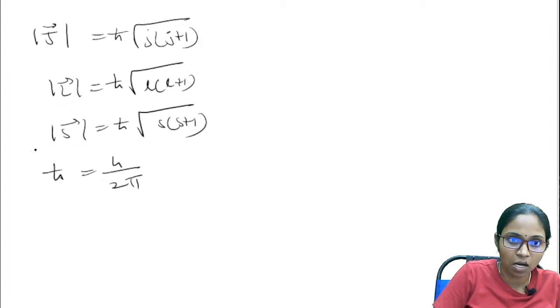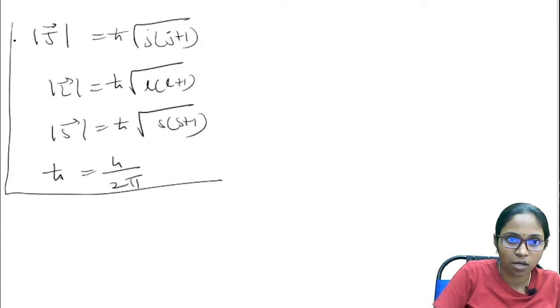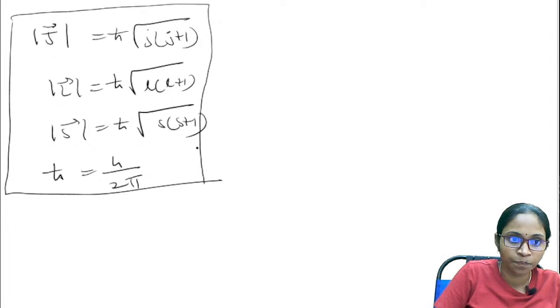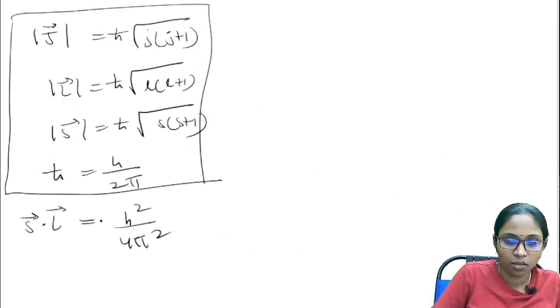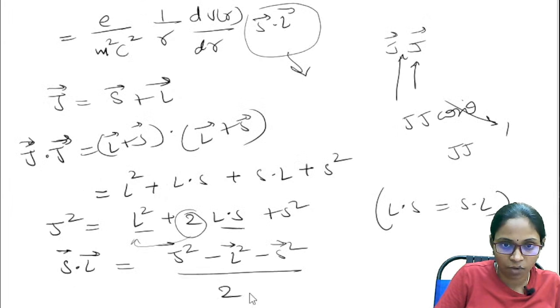Now substituting all these values in the above equation, that is S bar dot L bar, this will be equal to, taking H by 2 pi common, H square by 4 pi square, because here we have squares, and divided by 2.